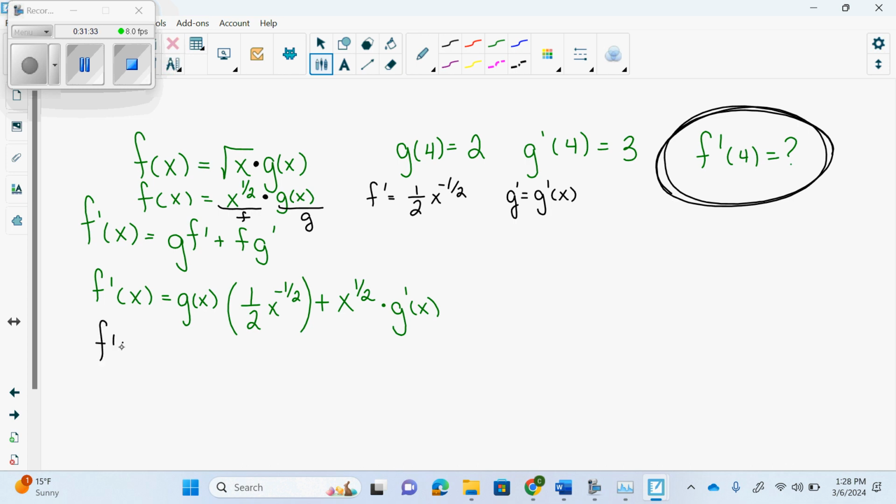F prime of 4 equals, now for every x becomes a 4, correct? G of 4 times 1/2 4 to the negative 1/2 plus 4 to the 1/2 times G prime of 4.